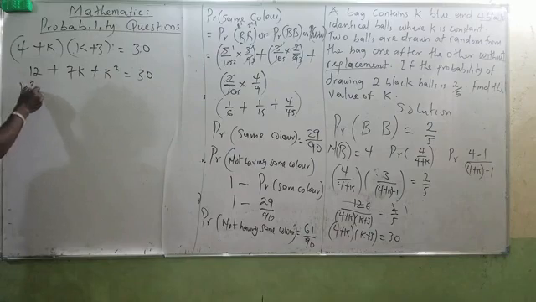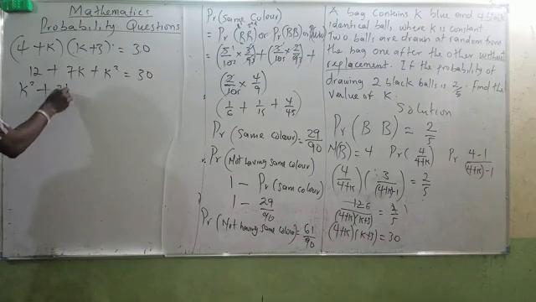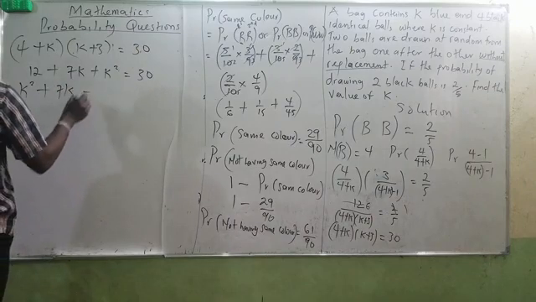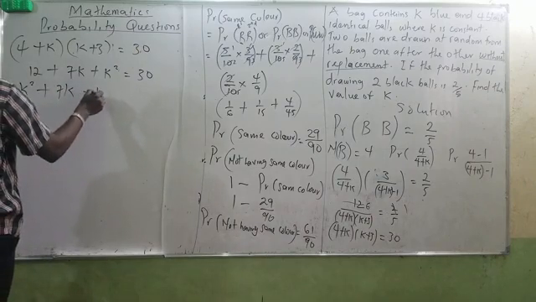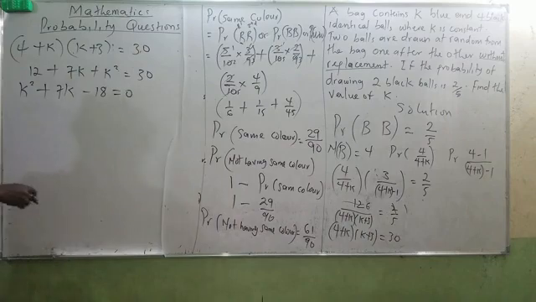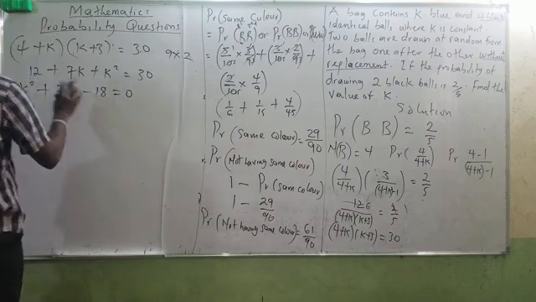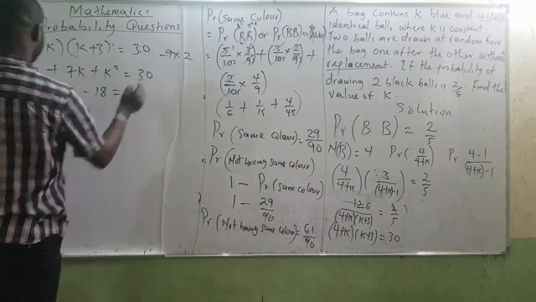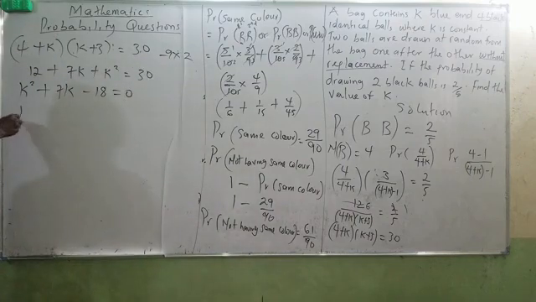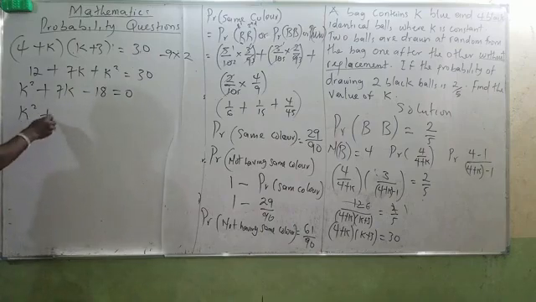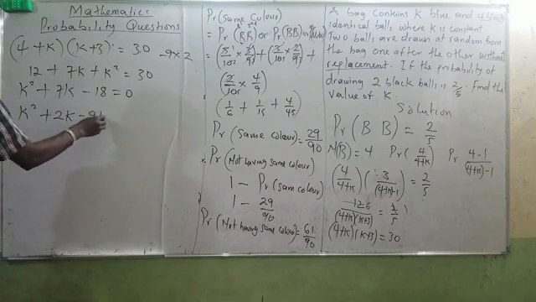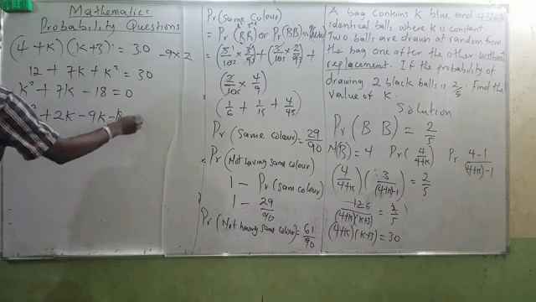Now, I can answer that k squared plus 7k minus 18 equals 0. Now, how do I solve this thing? I think 9 multiplied by 2 will give me 18. Now, I will be having k squared plus 9k minus 2k minus 18 equals 0.